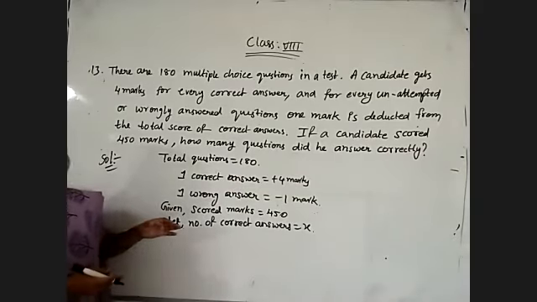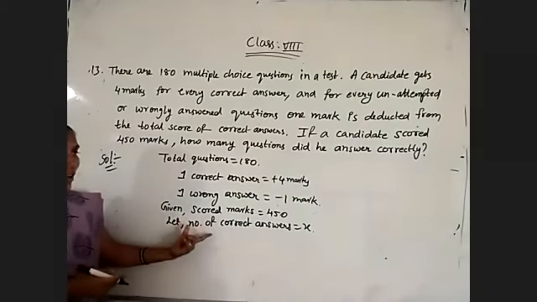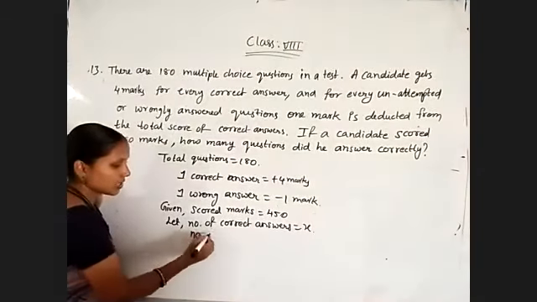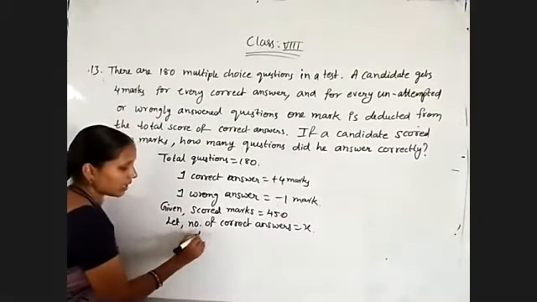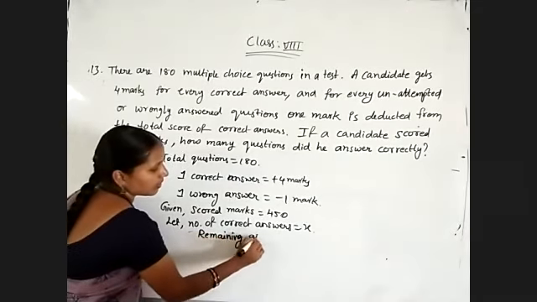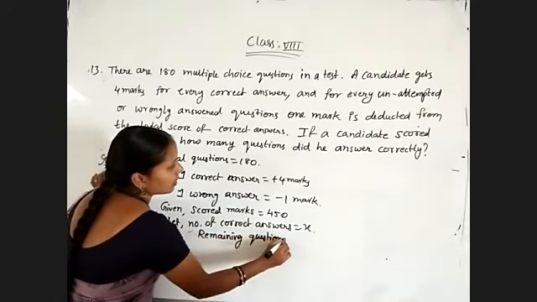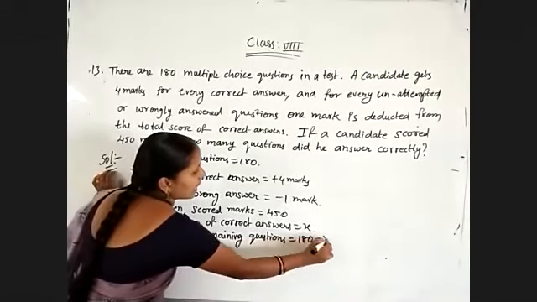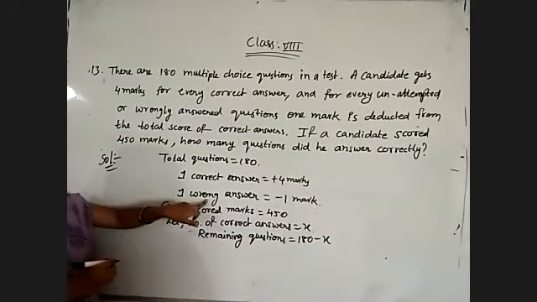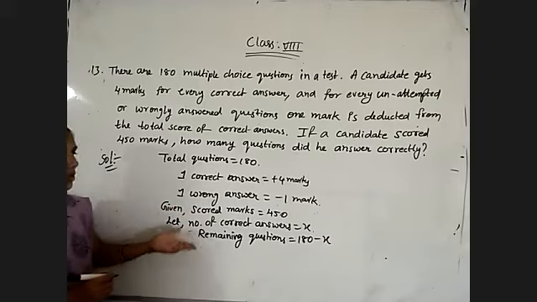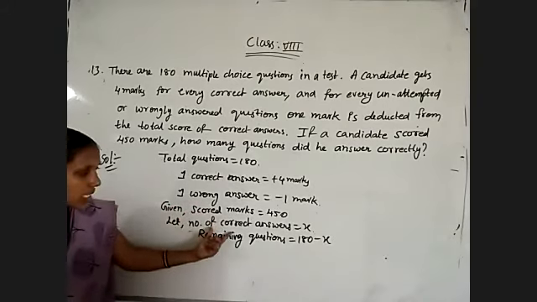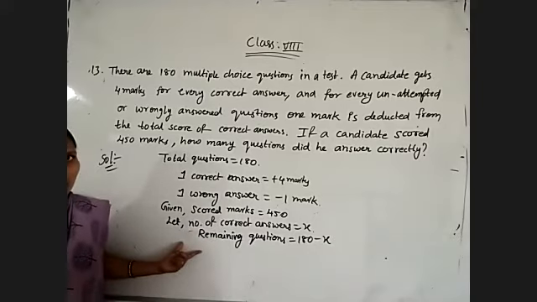So here I am writing the number of correct answers is x. Therefore, the number of incorrect or not written questions, the remaining questions, will be 180 minus x. That's all. The remaining means either wrong answer questions or not attempted questions. So whatever marks he secured, that is through correct answers as well as incorrect answers or not attempted questions.